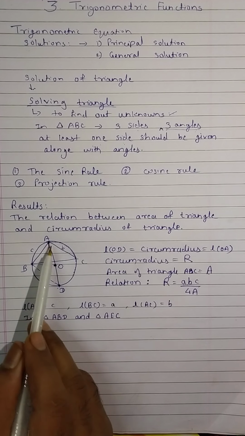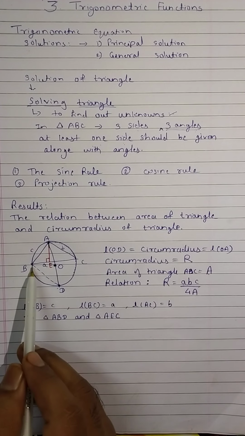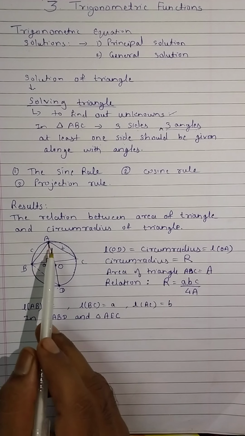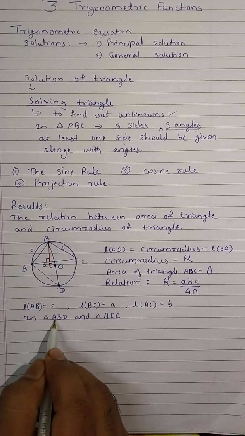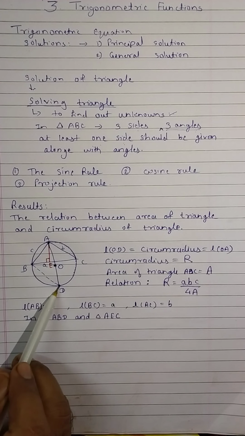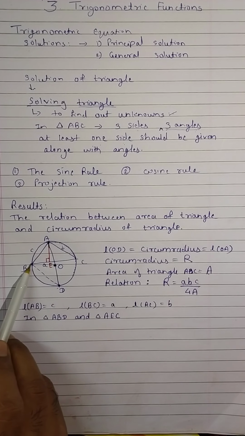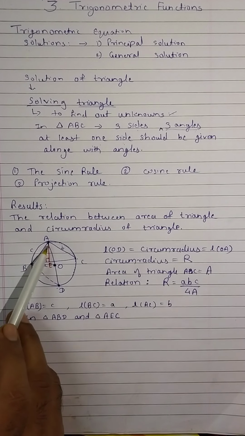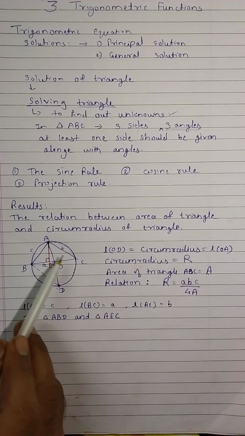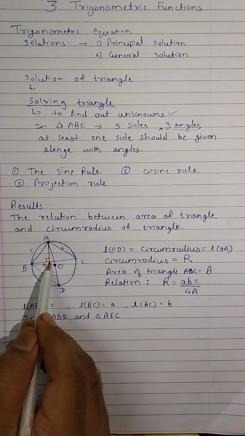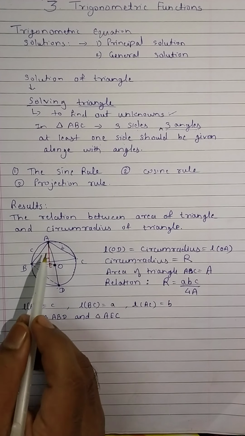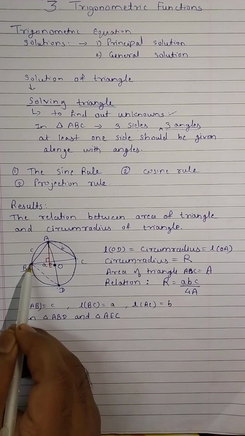Angle ACB and angle ADB. In triangle ABD, the angle ADB, and in triangle AEC, the angle ACE. If we extend this E over here, we get angle ACB.